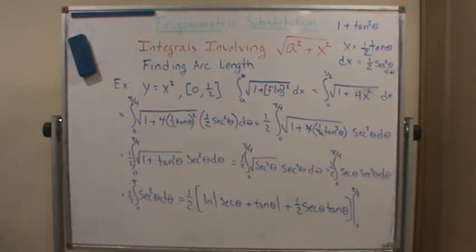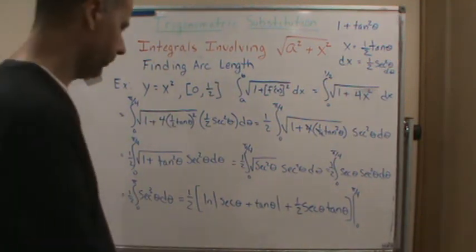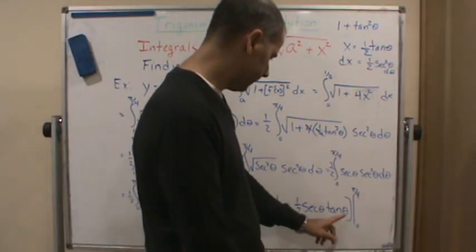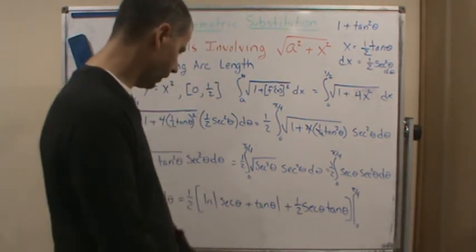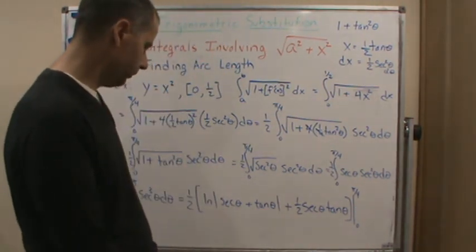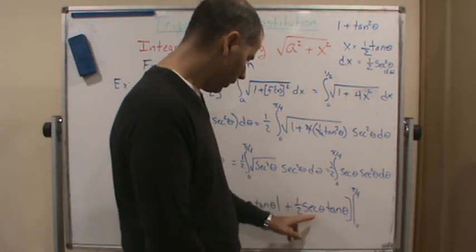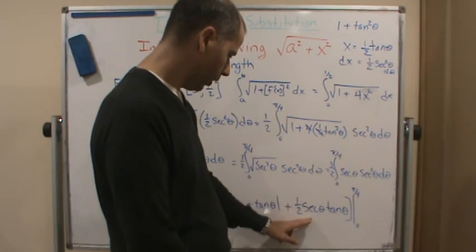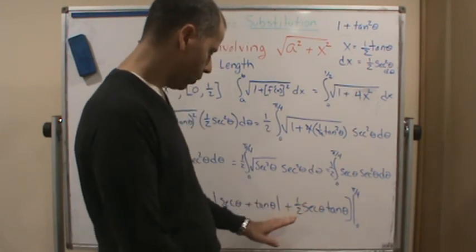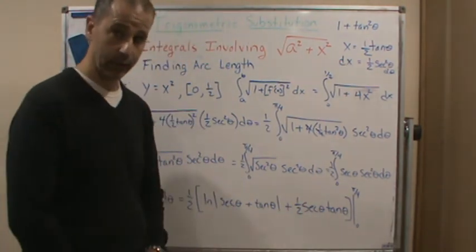Now, at pi over 4, this is going to be 1. So here we get half of secant theta, so again, 1 over cosine theta. What is cosine of a 45-degree angle?